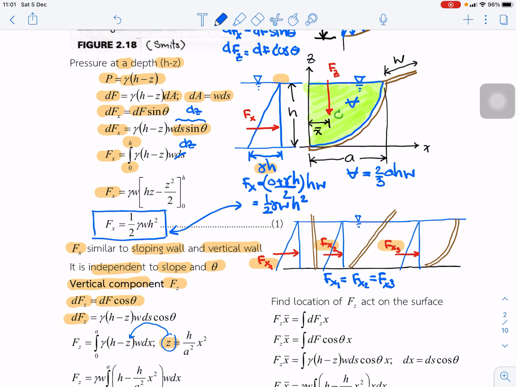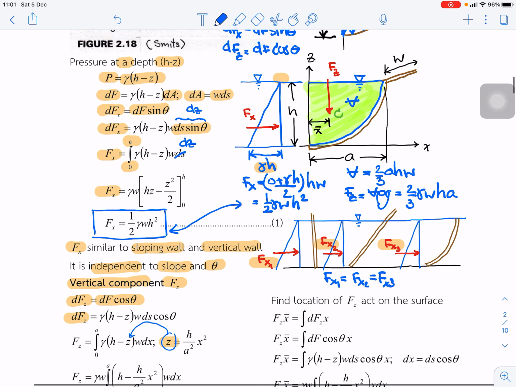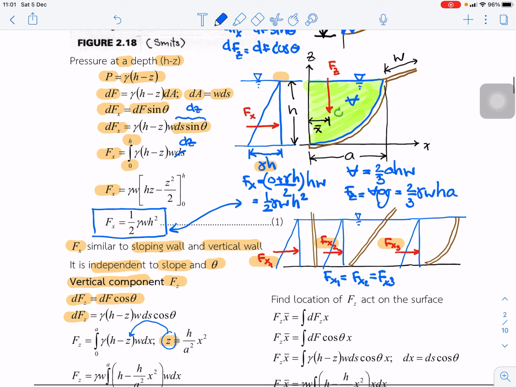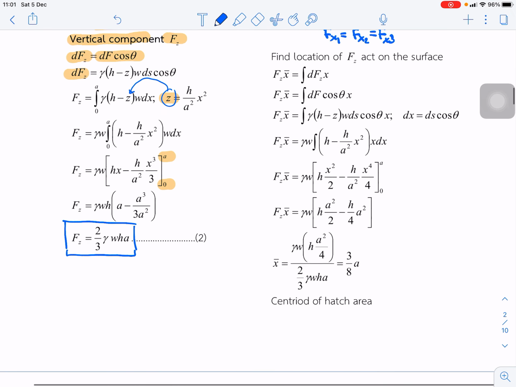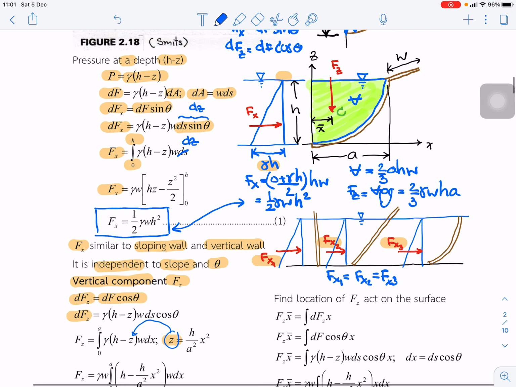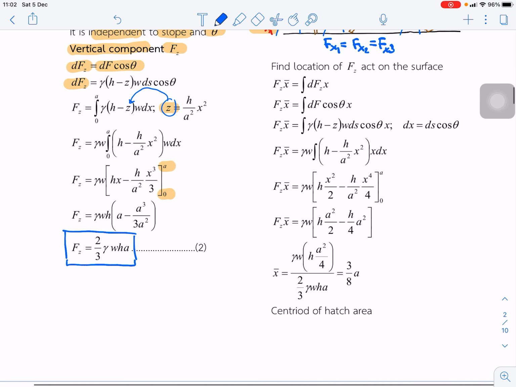So Fz is equal to volume times rho g. So we got 2/3 gamma times the width times h a, which is the same as equation 2, the same as this equation.